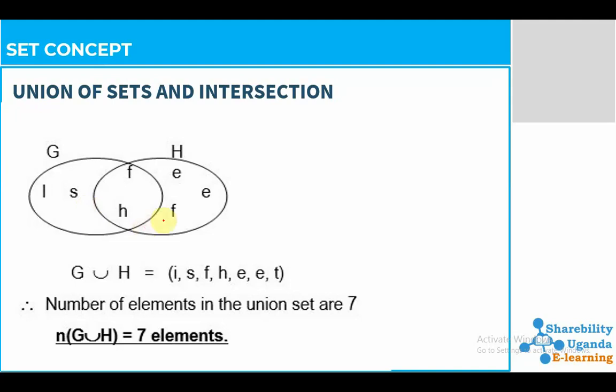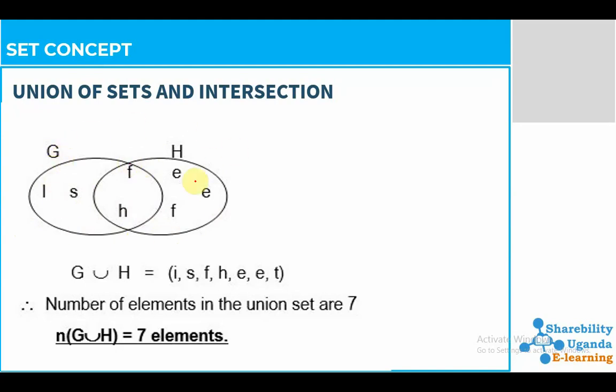How do we get the union from this when you are given a Venn diagram? So from the definition of the union of sets, that they are all members collected together.